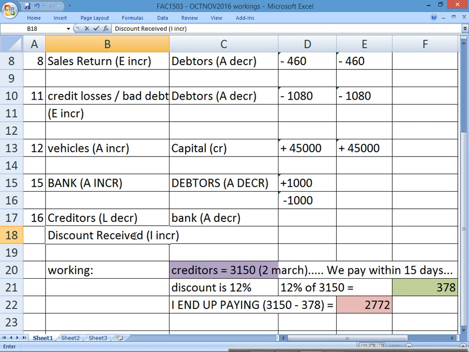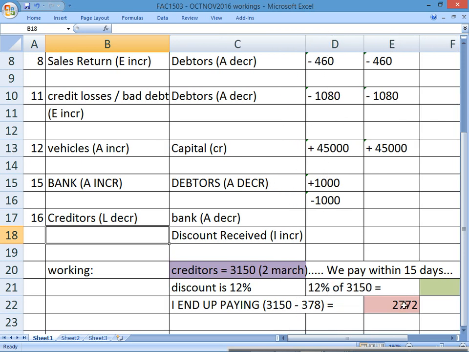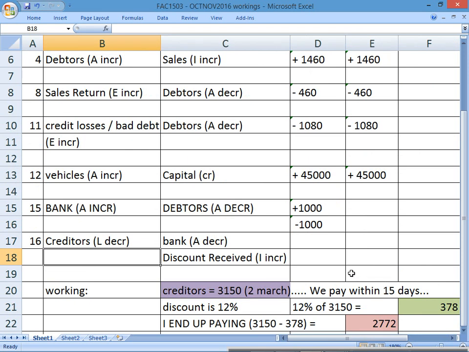increase. Wrong side, sorry, before you write that. Income accounts increase where? On the credit side. So now we can record. Bank is an asset, it's going to decrease, so minus 2772.